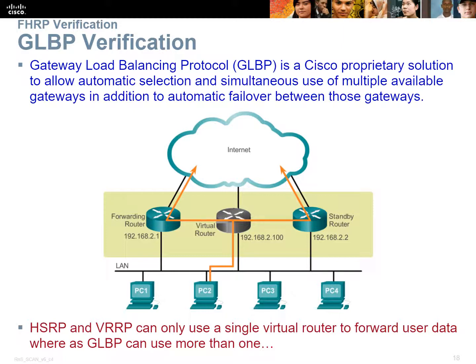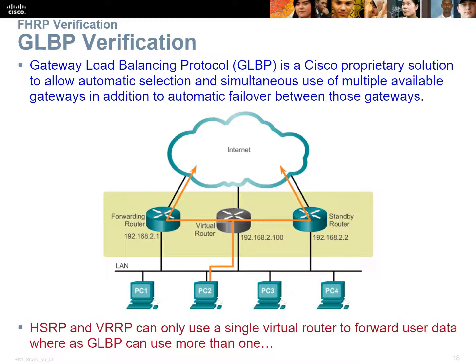So when PC1 does an ARP, it may go to the left-hand router. PC2 does an ARP, it may go to the right-hand router. PC3 does an ARP, it may go to the left-hand router. So what that means is that the MAC addresses are still real. So they've got a virtual IP address, but physical MAC addresses.